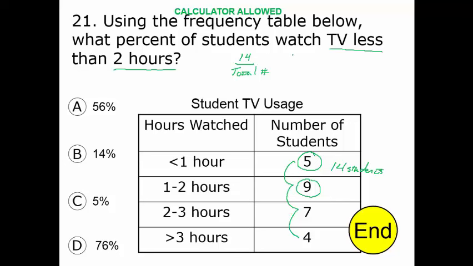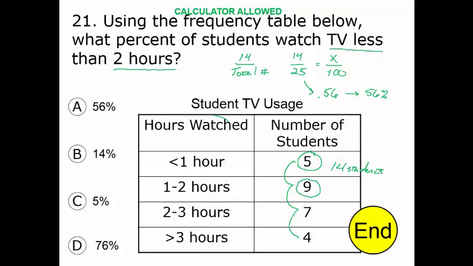So really what I need to do is there's 14 out of 25 students is equal to some unknown percent over 100, and I can solve that math problem. There's a couple different ways. Some of you may know if I just take 14 divided by 25, I get the decimal here of 0.56, which technically, when you convert that to percent, is 56%.